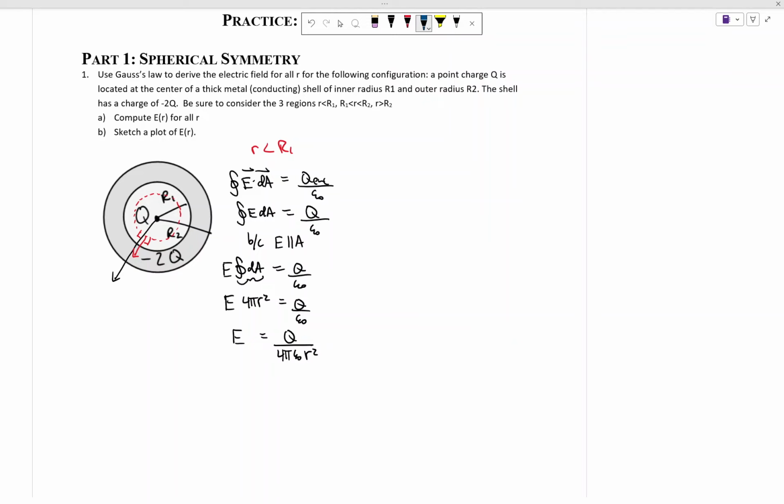The next surface would be within this metal. As we move out, once we get beyond R1, it's going to behave differently. So for R1 less than R less than R2, what's going to go on here? Well, the starting point is the same. In fact, the left-hand side of this is going to be identical.